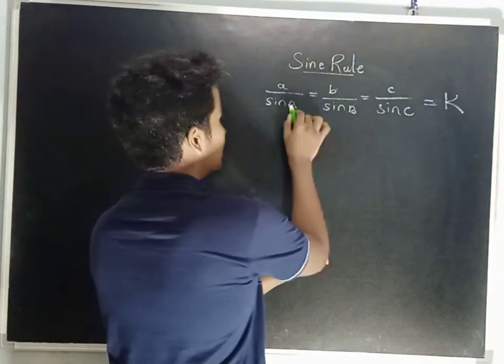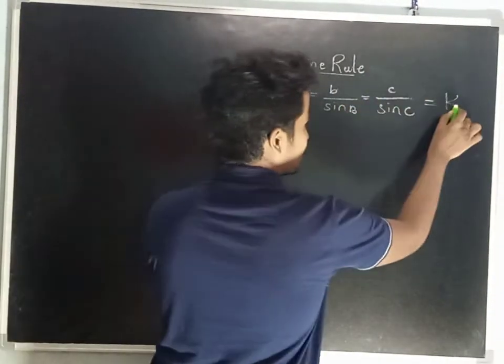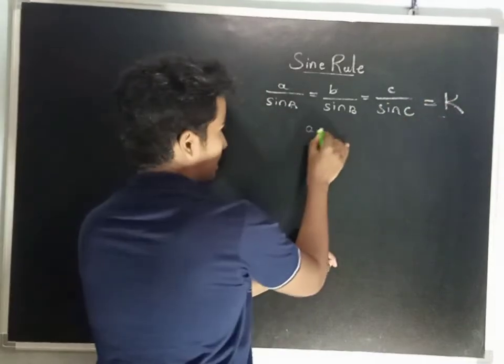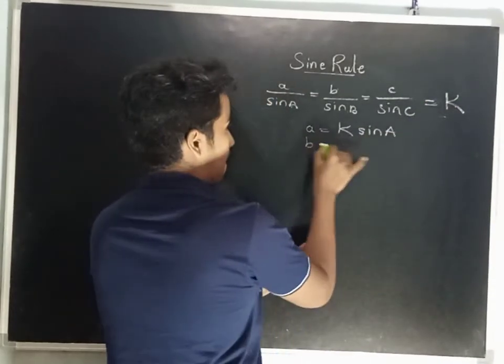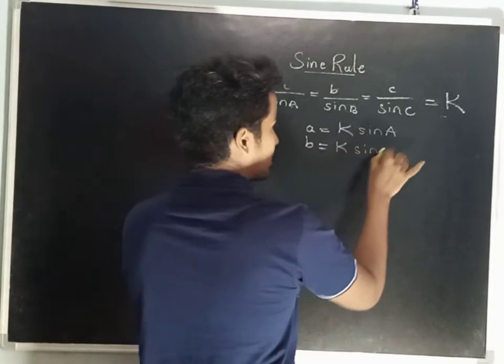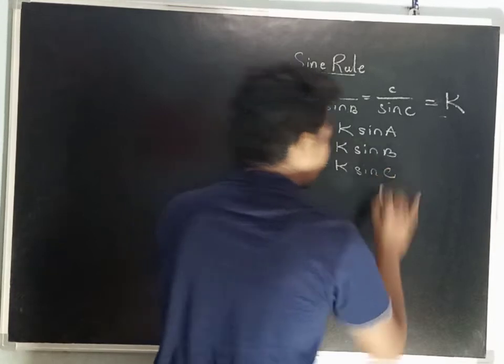Equating these, I get a is equal to k sin A, b is equal to k sin B, and c is equal to k sin C.